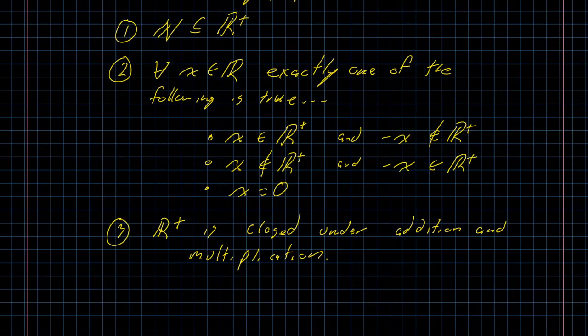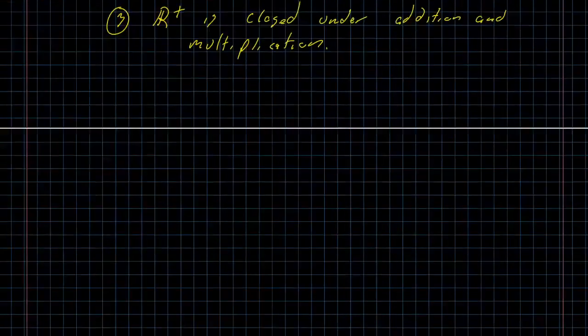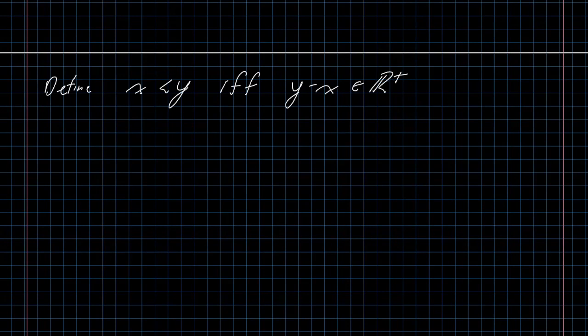All right. So why did we do this? Well, we'll use that as a way of defining the ordering. I'm going to define that x is less than y if and only if the difference y minus x is a positive number.